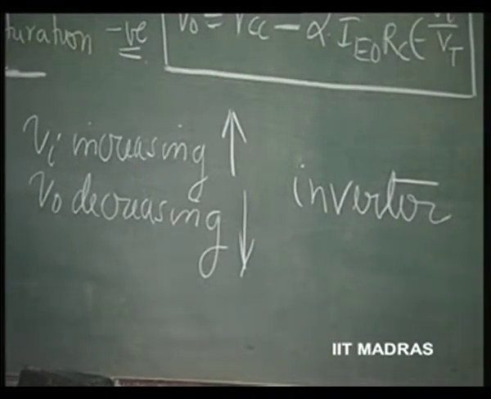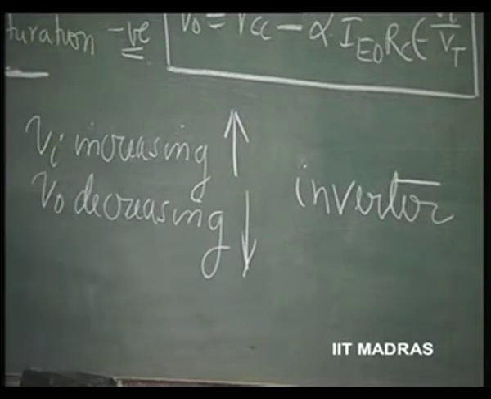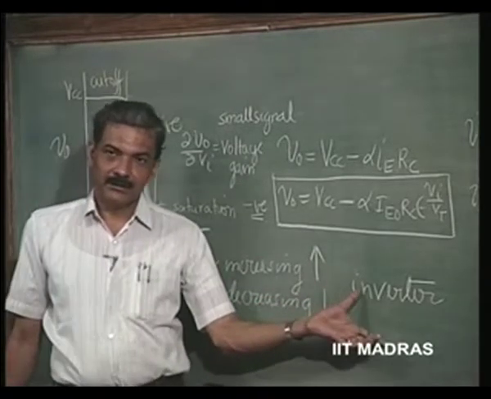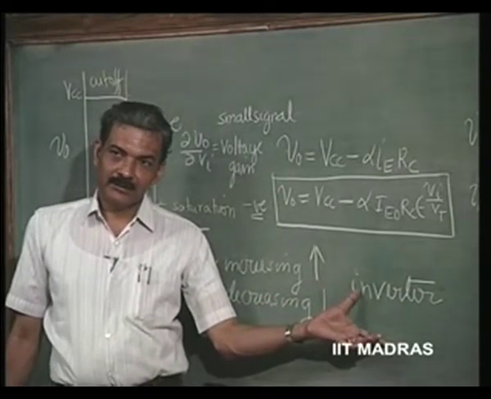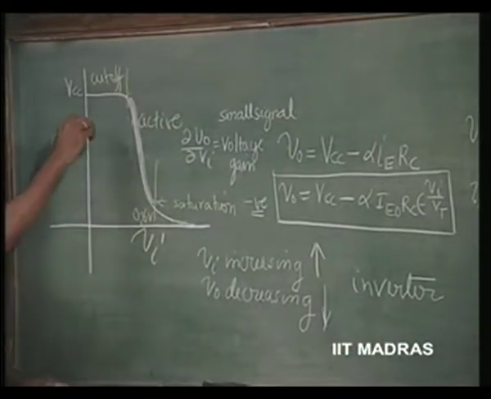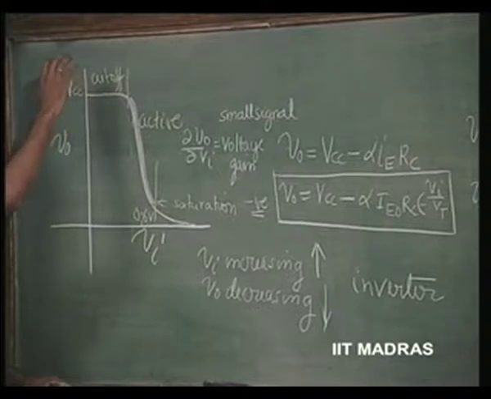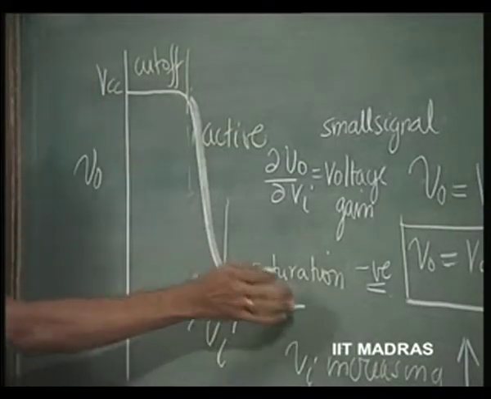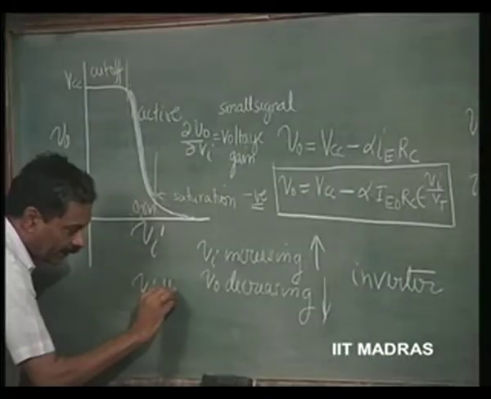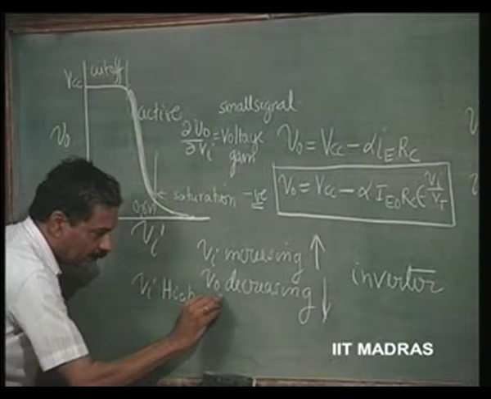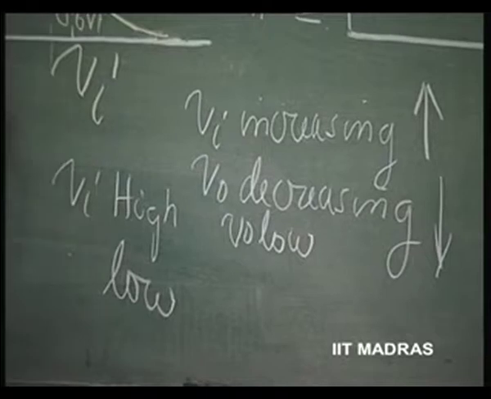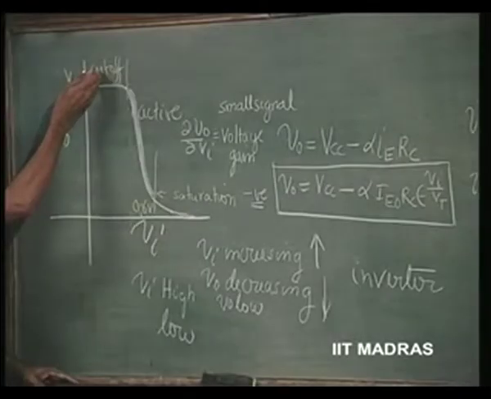When Vi is increasing, the output voltage is decreasing; that is what is meant by inversion. If the input voltage is high, the output is low. If the input voltage is low, somewhere here, the output is high.